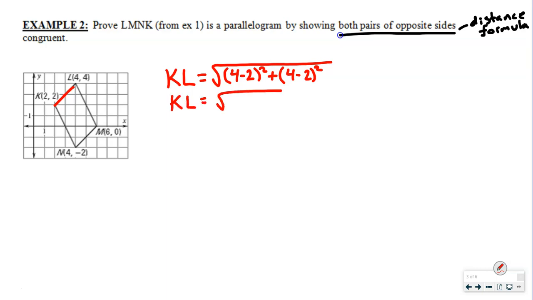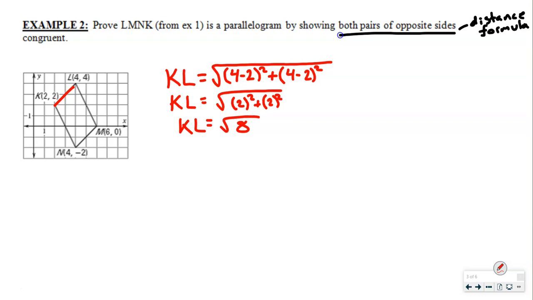KL will equal 2 squared plus 2 squared. 2 squared is just 4, so 4 plus 4 is 8. So KL is the square root of 8.